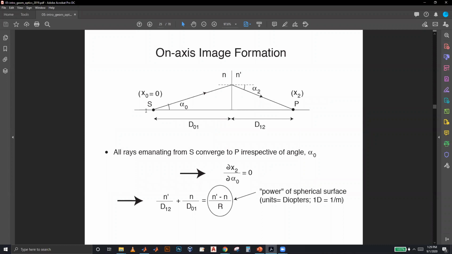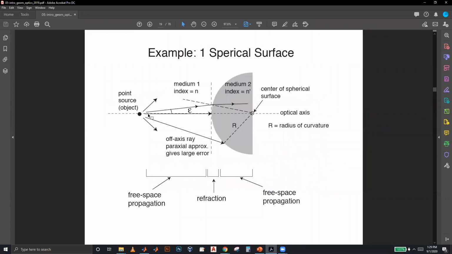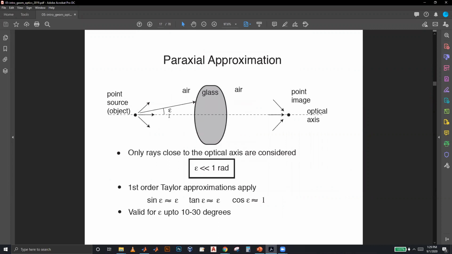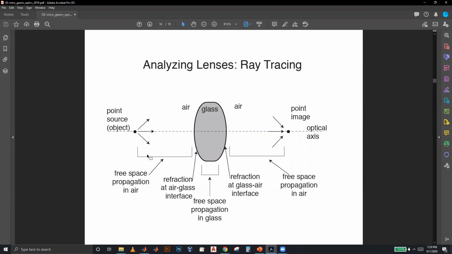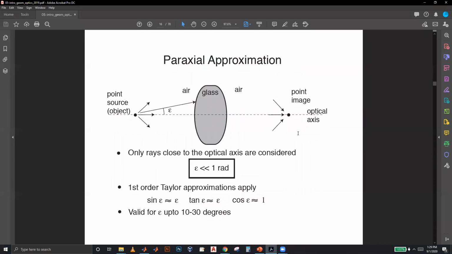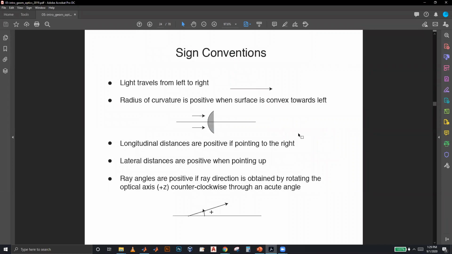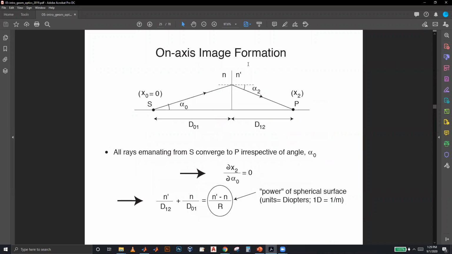Okay, so now this is a special case for on-axis image formation. What we discussed till here was the very general situation: general ray, general propagation in free space, general lens, general image formation. Now we look at the special case of on-axis image formation. You have a point on the optical axis from which a ray is going out.